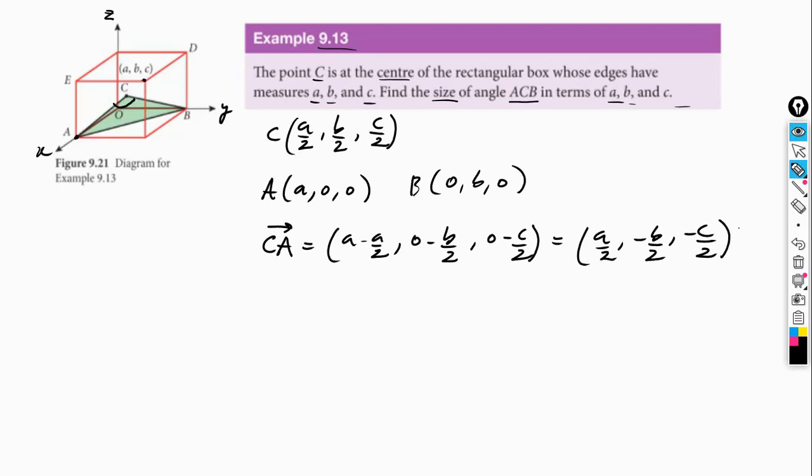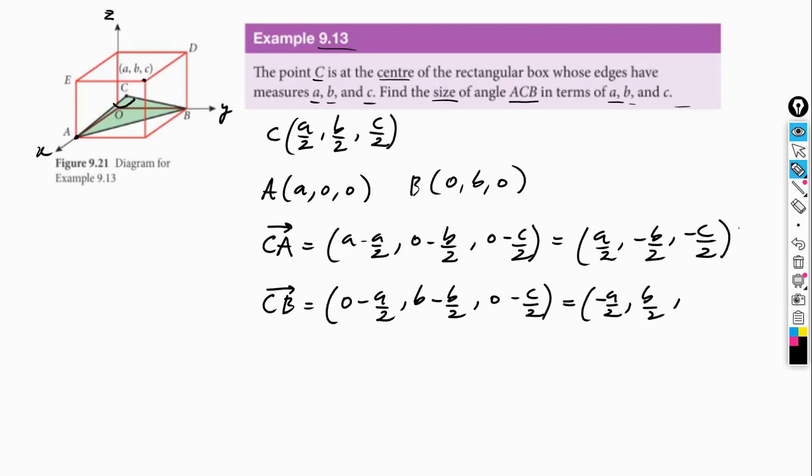And then vector CB is going to be similar. It's going to be 0 minus A/2, B minus B/2, and 0 minus C/2. And this is going to give us (negative A/2, B/2, negative C/2).